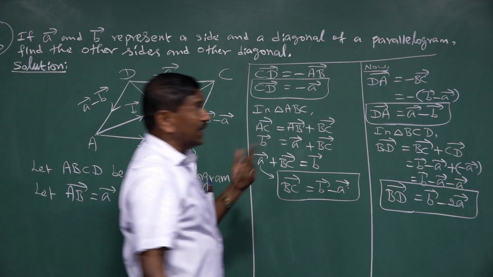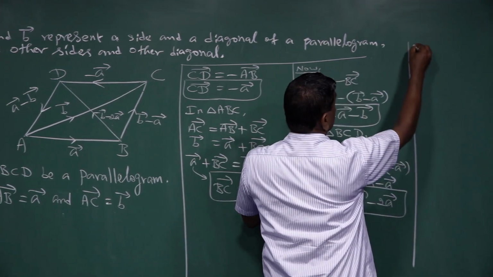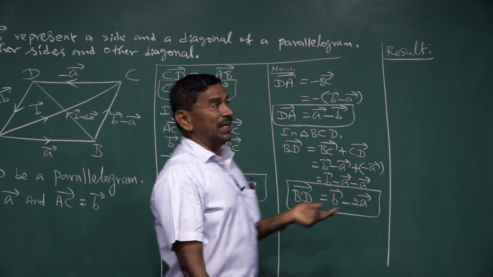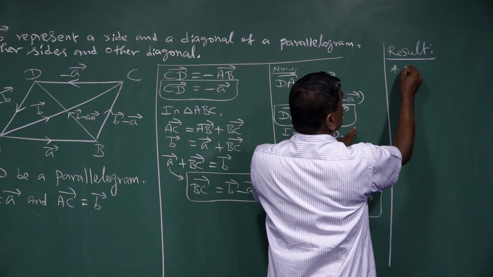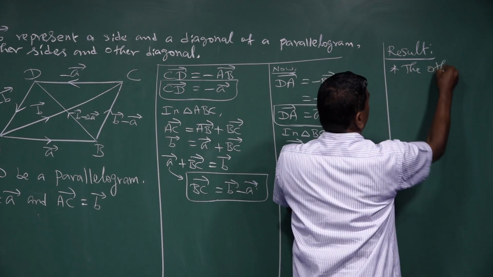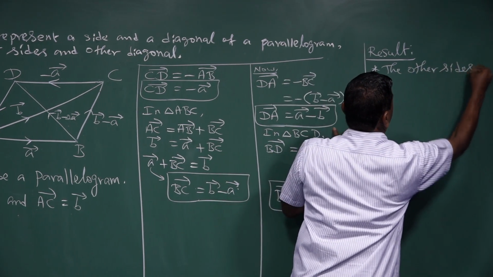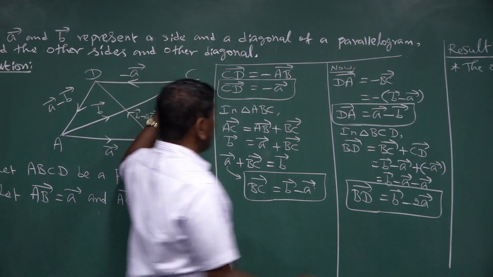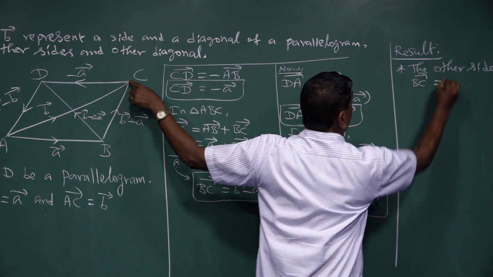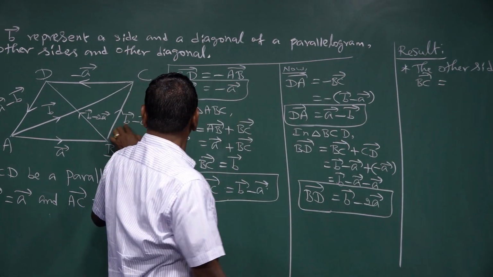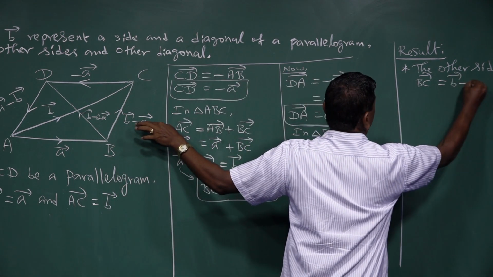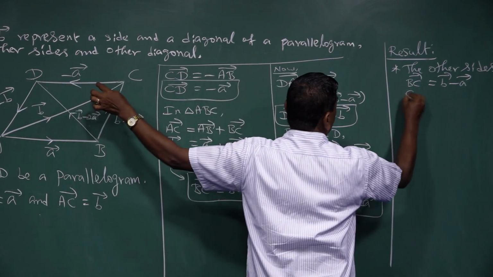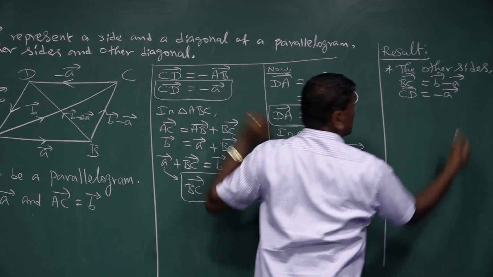So now I want to write the result. The results for the other sides. Can you tell me the other sides? Yes, very good. BC vector is equal to B vector minus A vector. Next side, very good, CD vector. CD vector is equal to minus A vector.